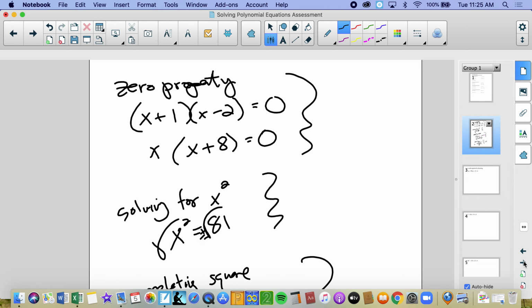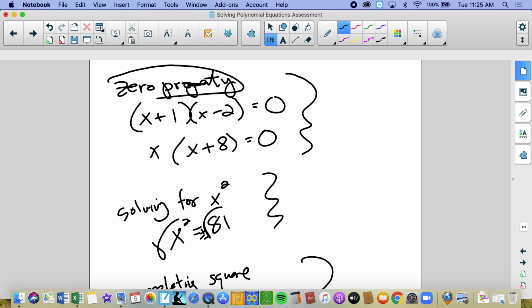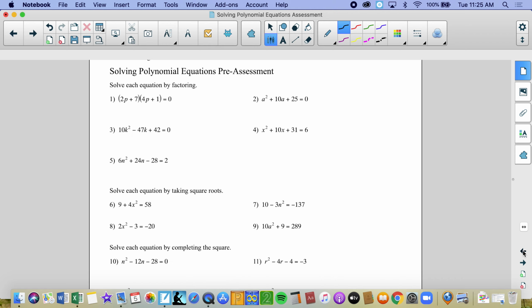Now, if we look at it, the zero property only works with A times C problems, problems that we can factor. So if we look at this problem, we know that we can do this because it tells us. But let's look at this one. Factors of 28.